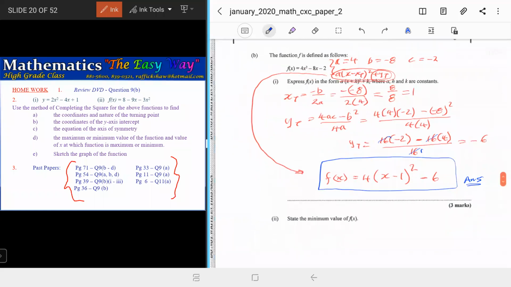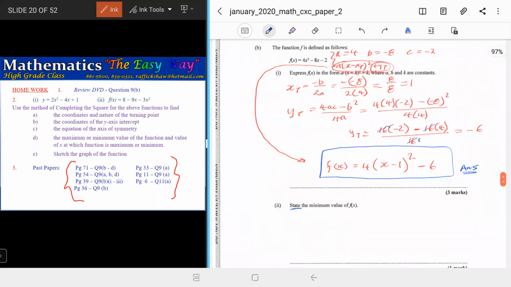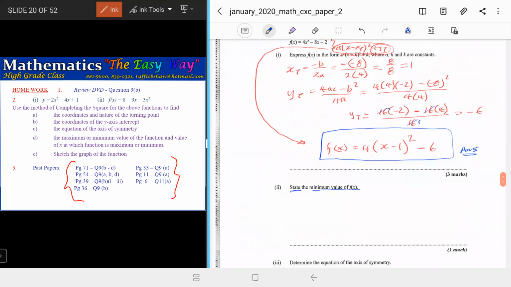See there, you ask me the question, it says state the minimum value. Just state it. Well, what is that? 1 mark, just state it. So I don't have to write any reason, and I just state it. Minimum value is negative 6. I can just write negative 6 on this line. I get my marks. Minimum value is the yt value.